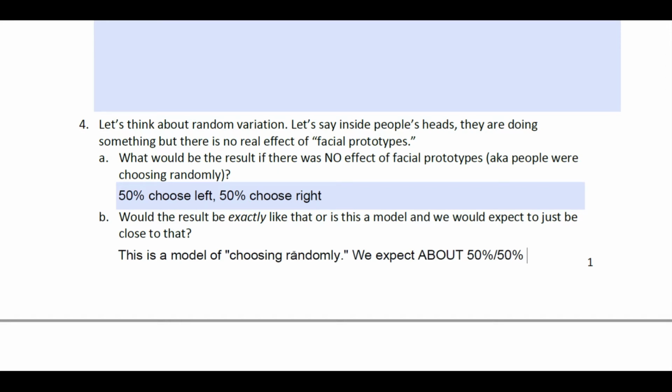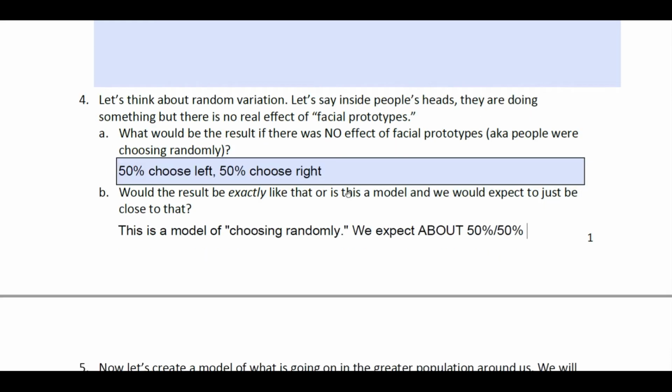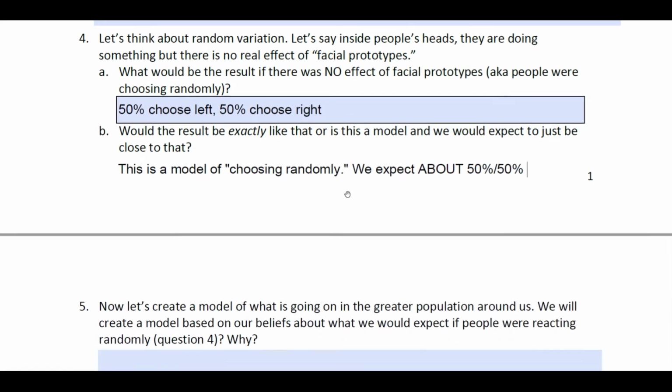So the model says we would expect about 50-50, but it doesn't mean it's always going to be exactly that. Probably it's always going to be just pretty close to 50-50, is what we would expect if people are choosing randomly and there is no facial prototype. So hopefully you're following my logic so far.